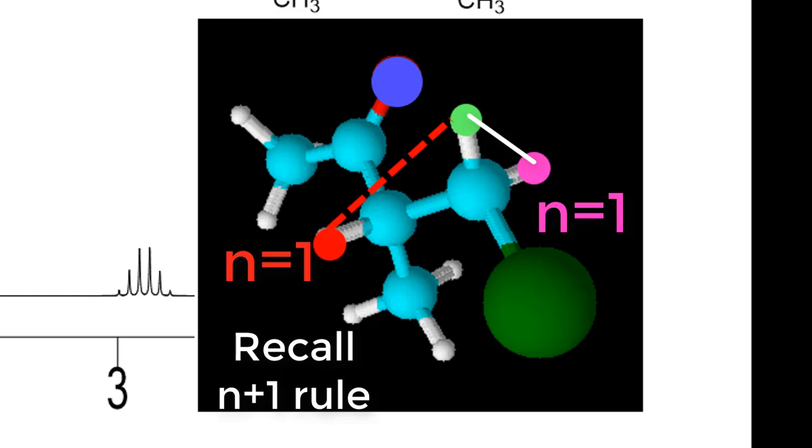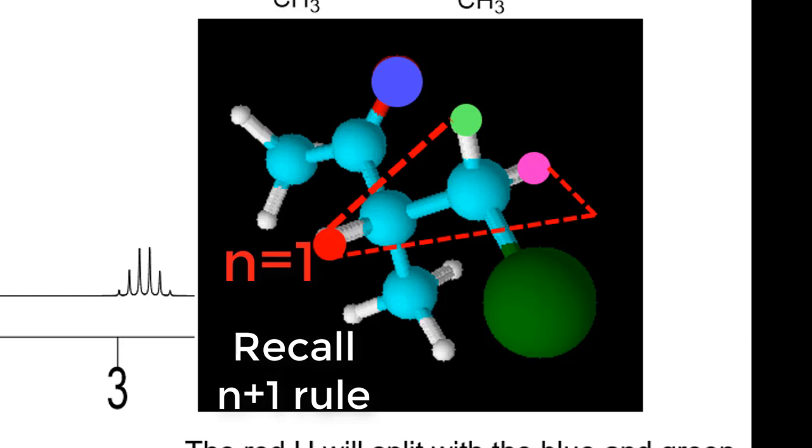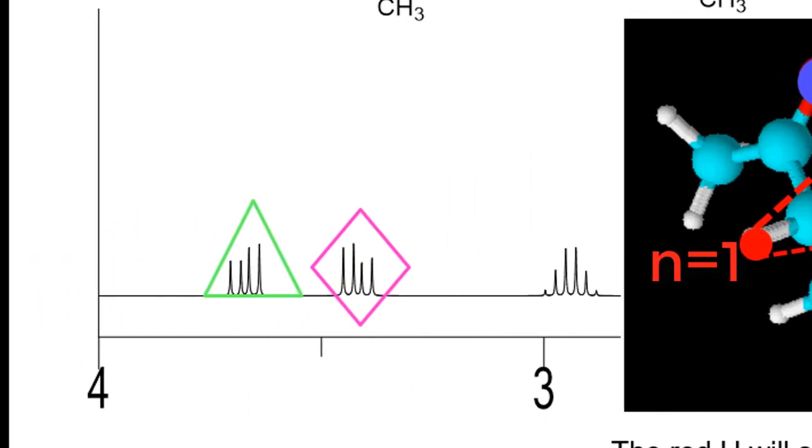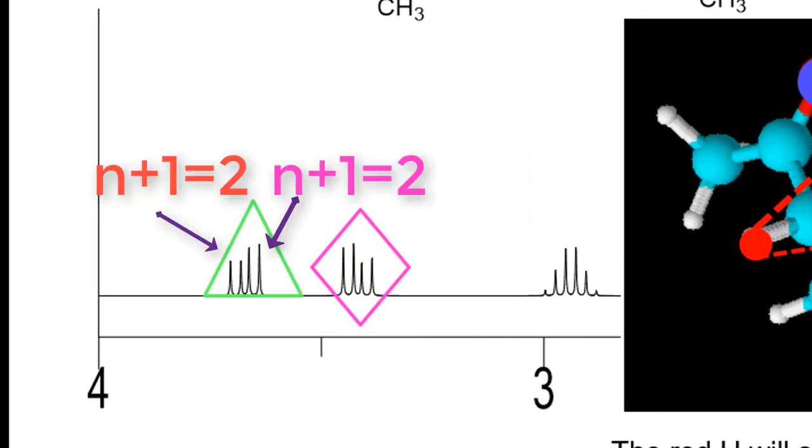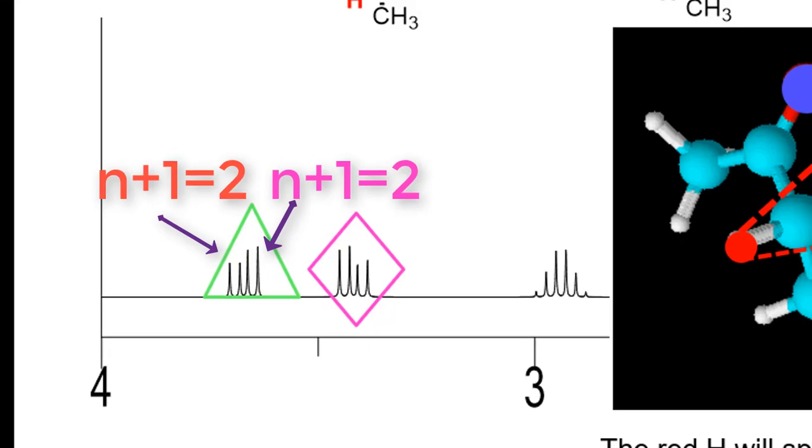And so because they're non-equivalent, they're going to split with each other. And then the pink proton is also going to split with the red proton and with the green proton that's on the same carbon with it, because those two protons are non-equivalent. So in the signal, you'll see that splitting pattern displayed as what we call a doublet of doublets. That's really the simplest complex splitting pattern that you're going to see.